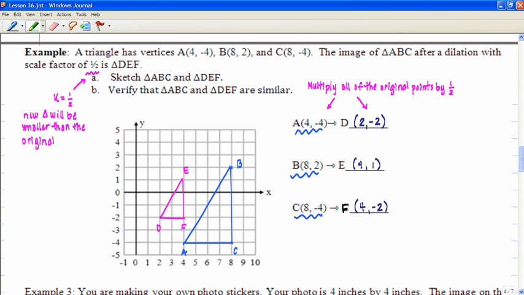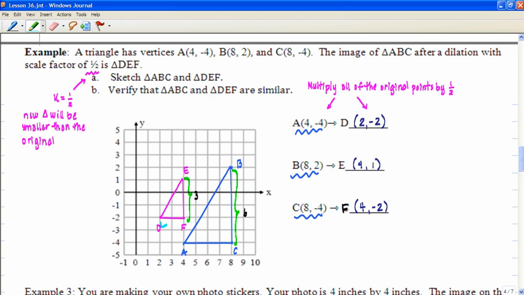Let's go ahead and verify that they're similar, just like we did in the last exercise. So let's see. I'm going to look at side EF. That corresponds to side BC, and we're going to check out what the difference of their two side lengths are. So let's see. EF, 1, 2, 3. And BC, 1, 2, 3, 4, 5, 6. So if we've done this correctly, the other side that we look at should be similar.